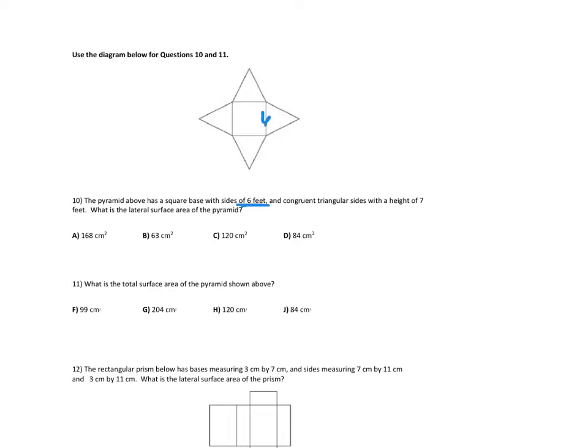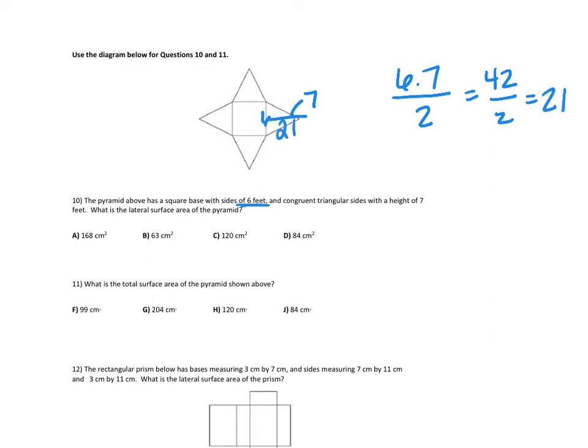Number 10, the pyramid above has a square base with sides of 6 feet and congruent triangle sides with a height of 7 feet. What is the lateral surface area? Lateral is not going to include the square base. So it's going to be the 4 triangles. Remember, lateral is just your faces. So we're going to find the triangle, which is 6 times 7 divided by 2. 42 divided by 2 is 21.